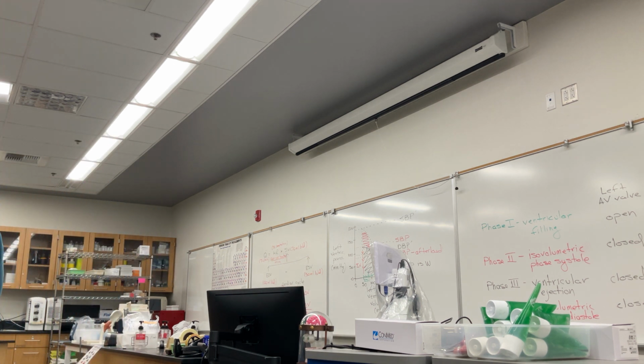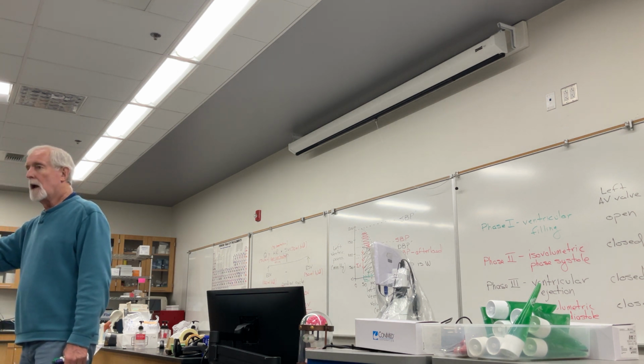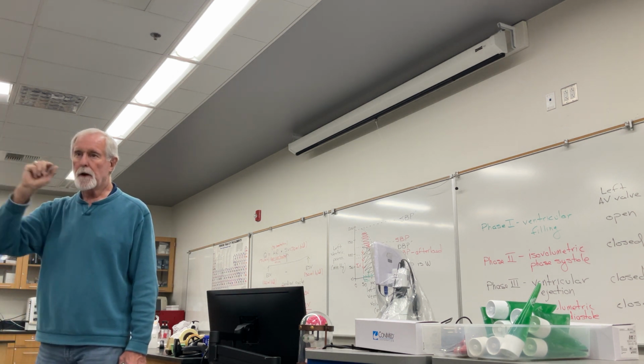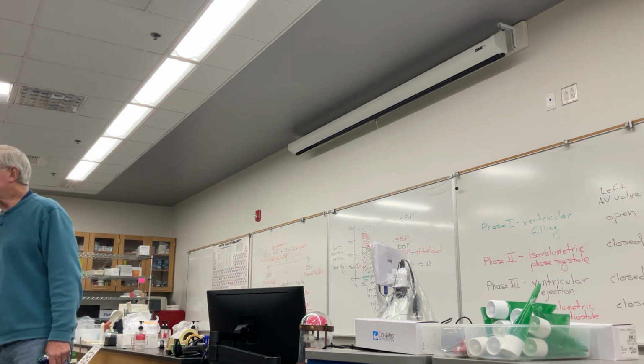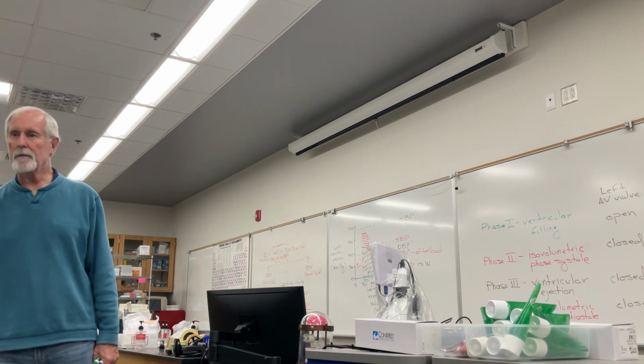So here's the thing. I've got this blockage, this narrowing of the left anterior descending coronary artery. That means the flow of blood through there is being obstructed. Some of you say it's being restricted. It's being obstructed.